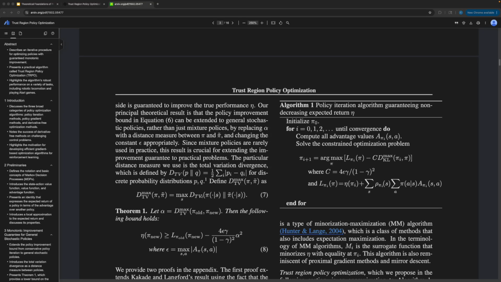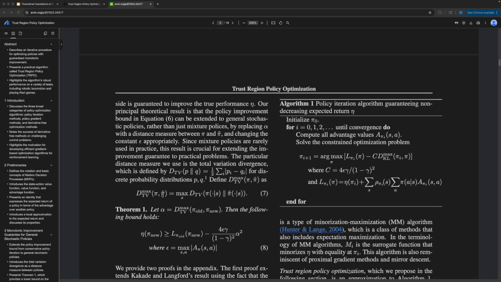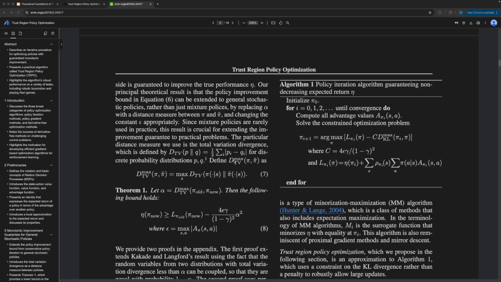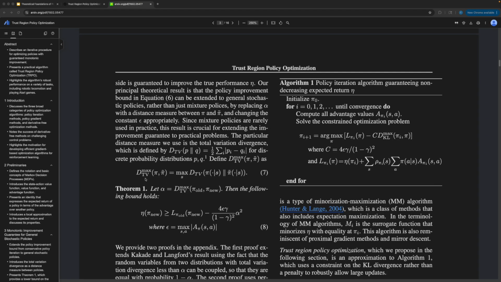Now, since a policy has a distribution over actions for every state, D_TV^max between two policies π and π̃ is the maximum of this total variation divergence across all states. For every state you have a distribution over actions from π and π̃, so you find the divergence between them and take a max. That's your D_TV^max(π, π̃).